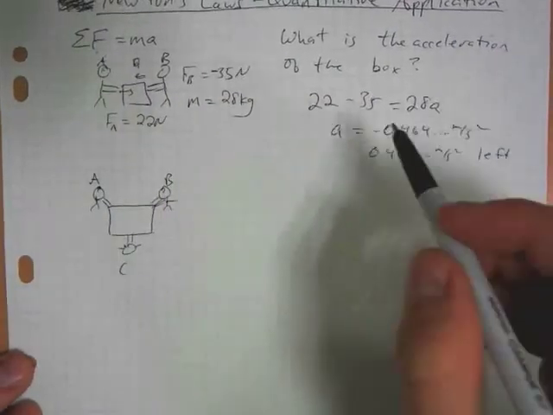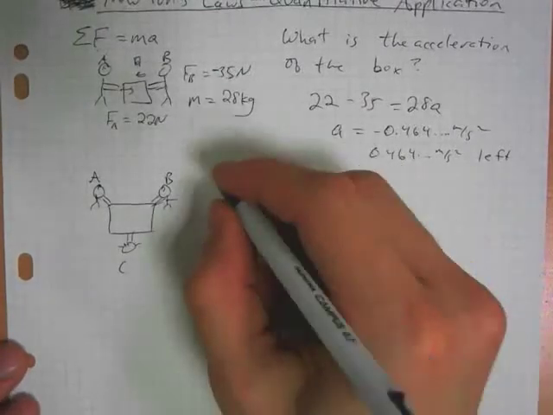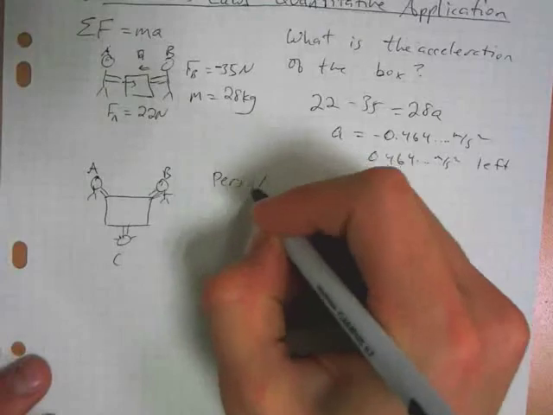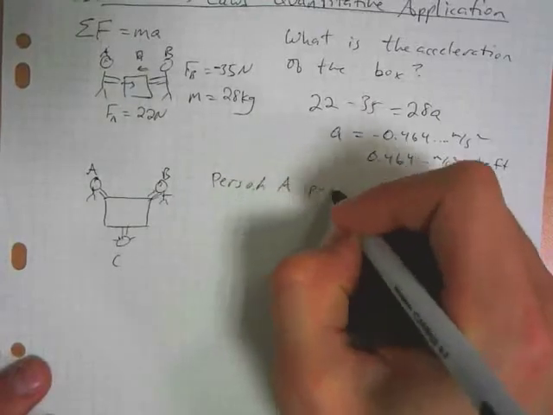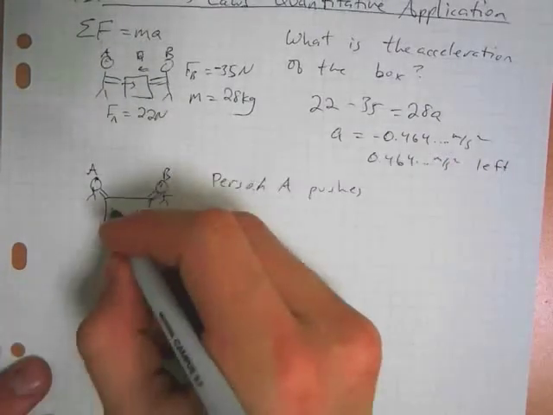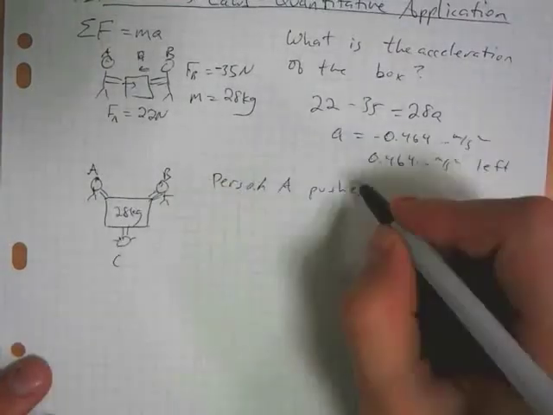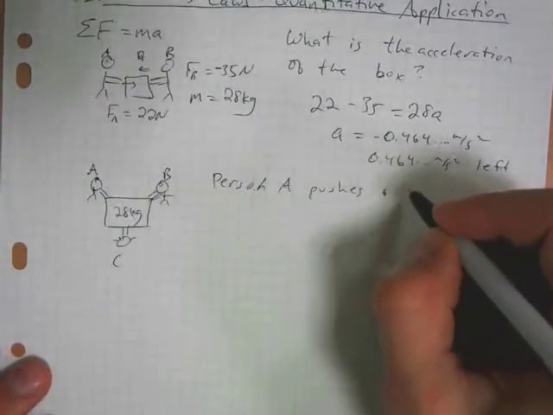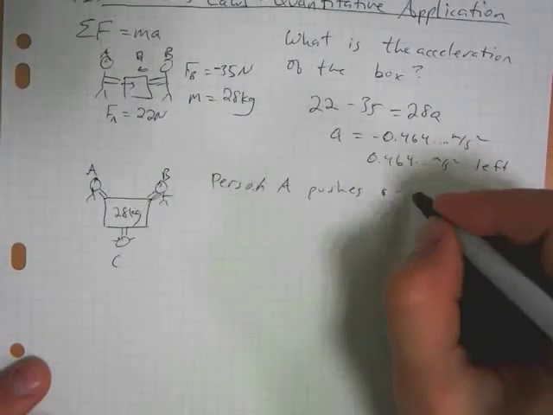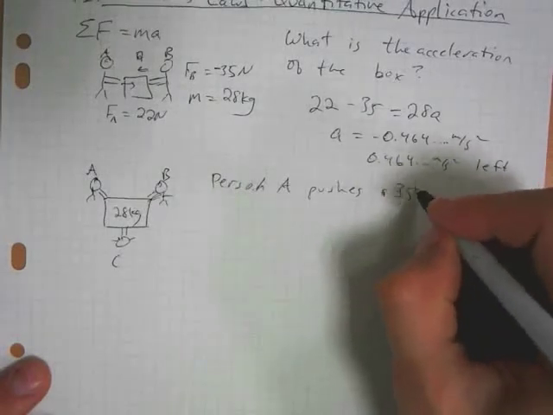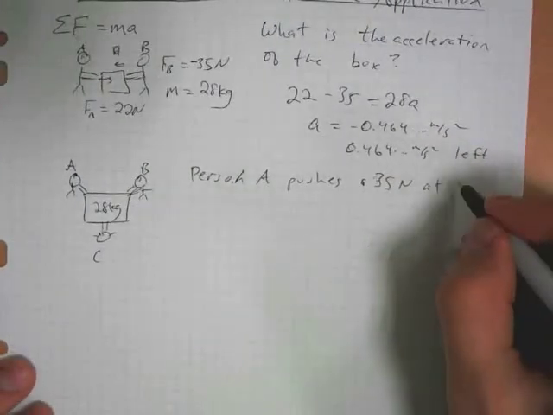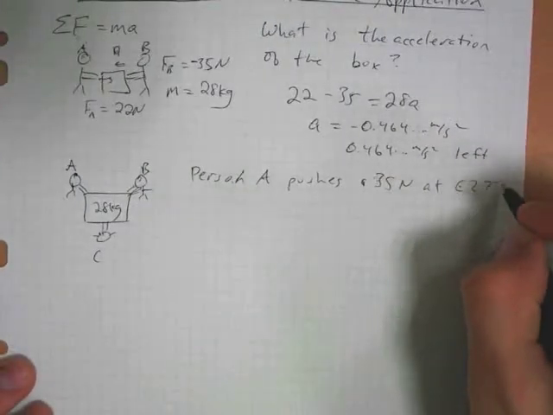Okay. Let's say person A pushes, and we'll say this is the same box, it's 28 kilograms, pushes with a force of 35 newtons at east by 27 degrees south.